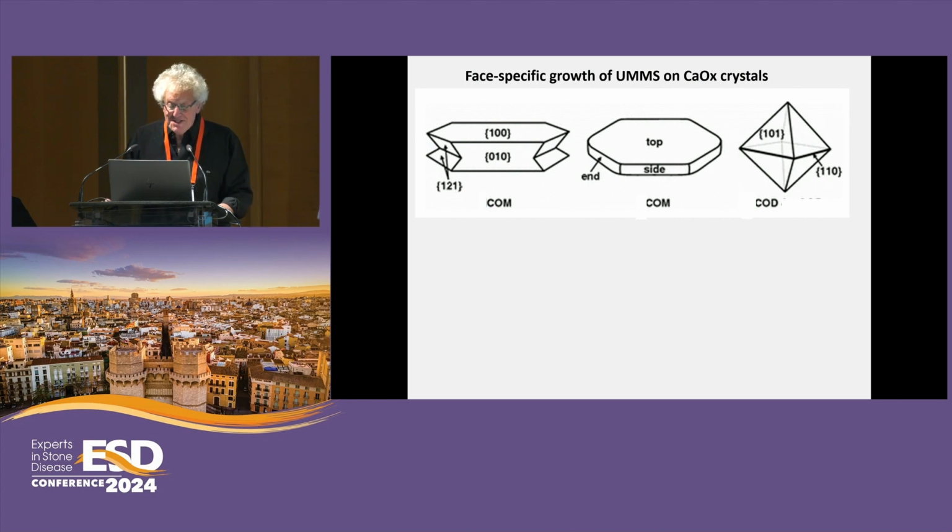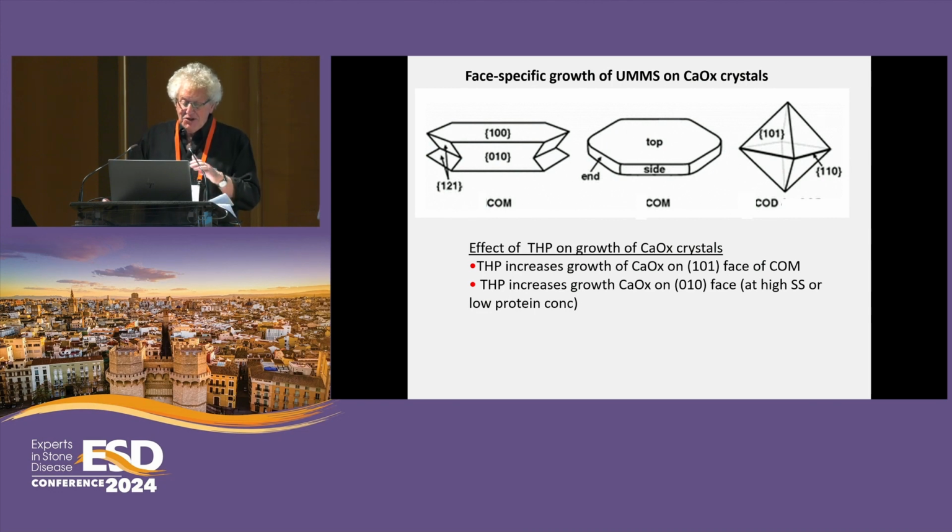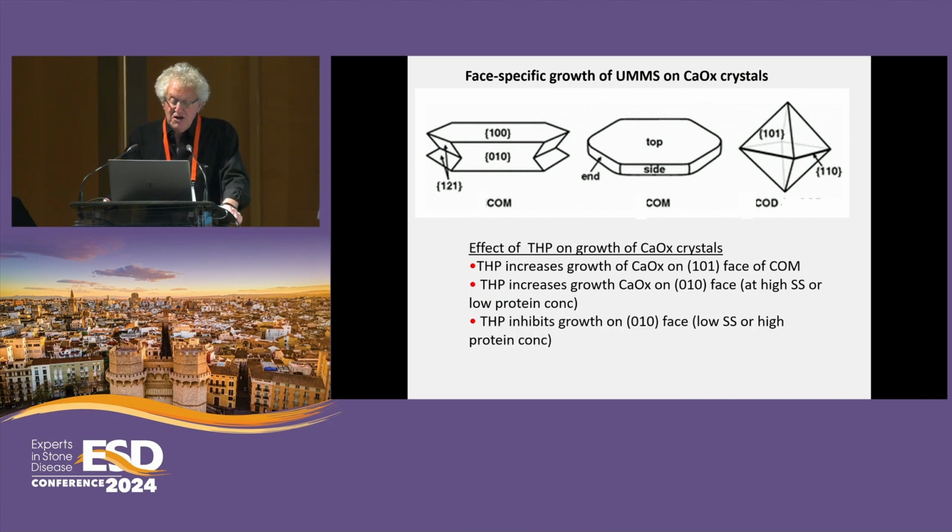The point for this lecture is that Tamm-Horsfall increases the growth on one particular face of COM and inhibits growth on another face under certain conditions, at high supersaturation or low protein concentration. So it increases growth on some faces and inhibits growth on others. This is an impossible puzzle to try and resolve.